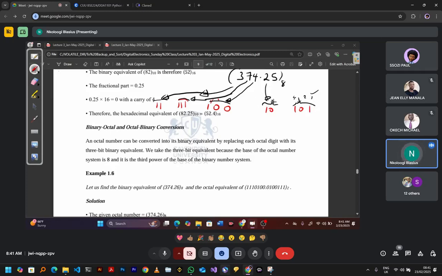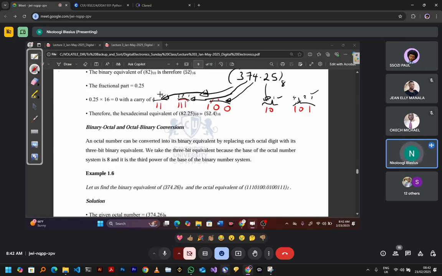Okay, 1, 2. So 2 plus 0 because it's already 2. That's also correct. What about the 4? Yeah, we already checked the 4. The 7, 1, 2, 4. This is 4 plus 2, 6 plus 1, that is 7.